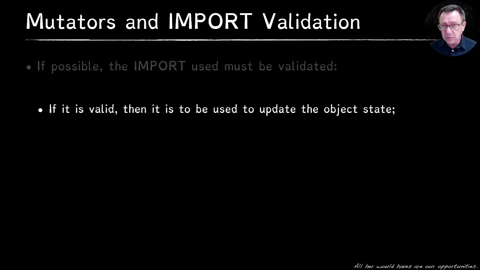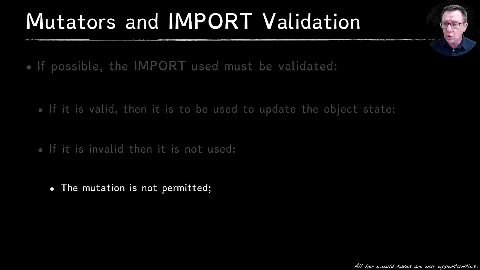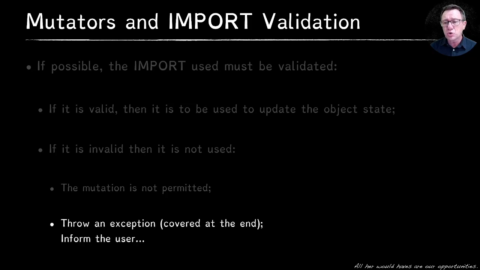Otherwise, our object moves into a state which it's not meant to be in, an invalid state. So when we're putting data in, we check to make sure something invalid is not used. The mutation, when it's invalid data, should not be permitted. We can throw an exception, or we can inform the user.